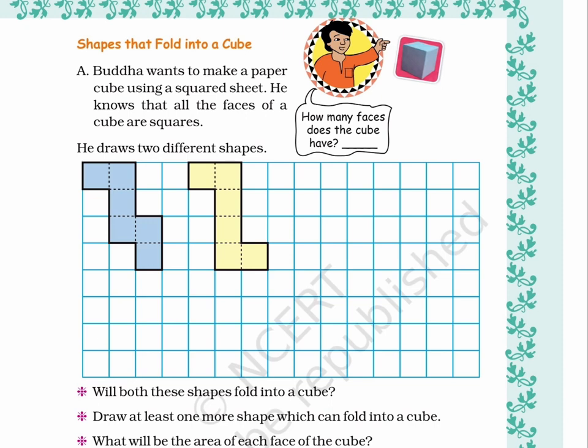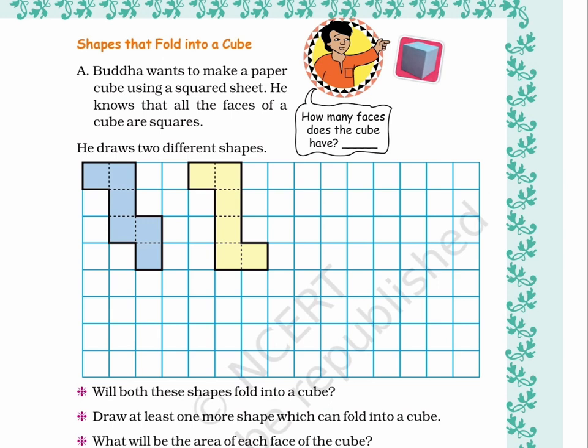In his mind, he is seeing a cube. He draws 2 different shapes. Below this, we have a square grid on which 2 different shapes drawn by Buddha can be seen. One is in blue color, the other one in yellow.